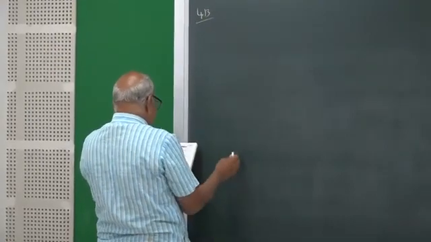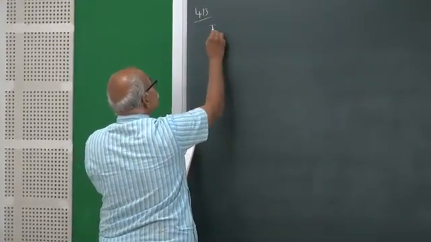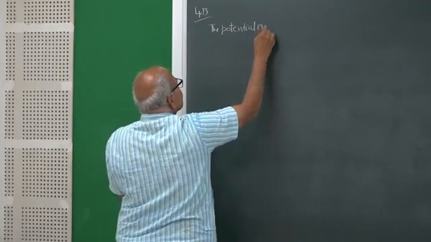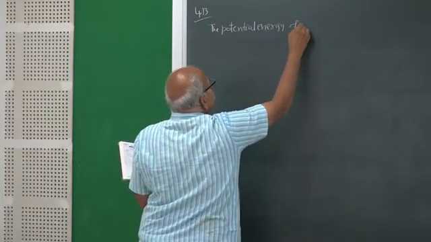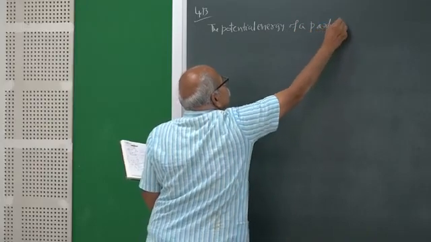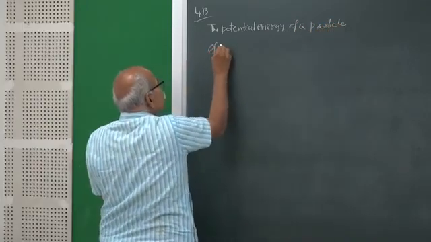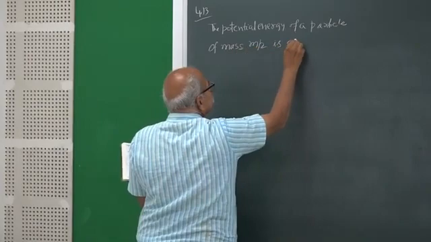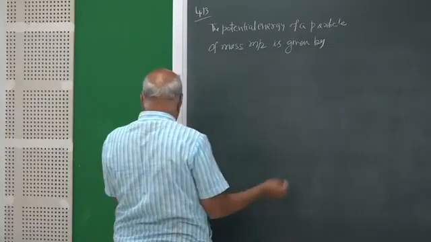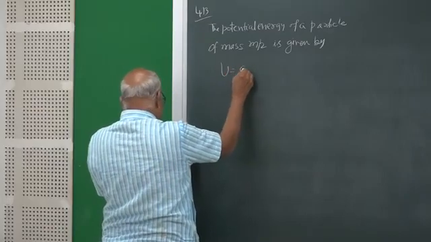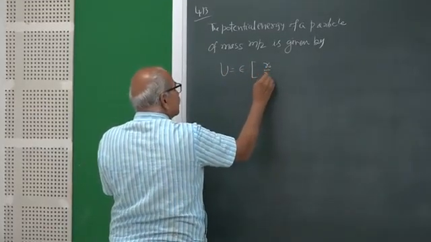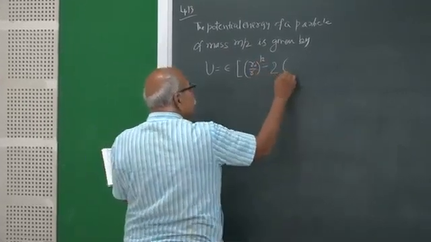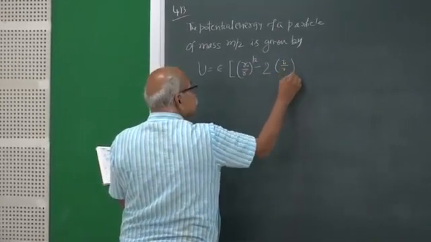It says that the potential of a particle of mass m by 2 is given by u equal to epsilon times (r naught by r)^12 minus 2 (r naught by r)^6.